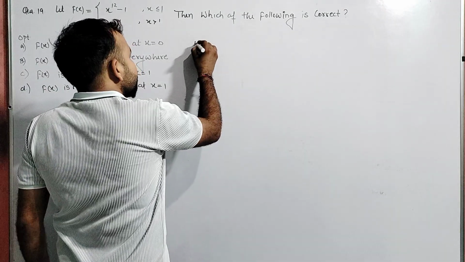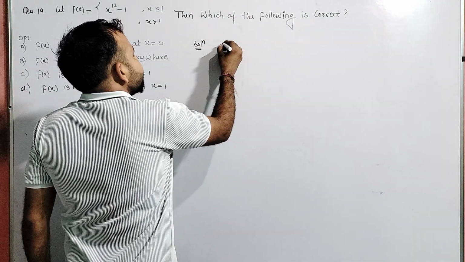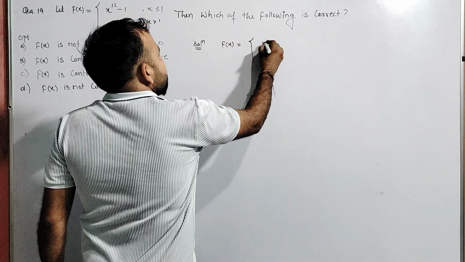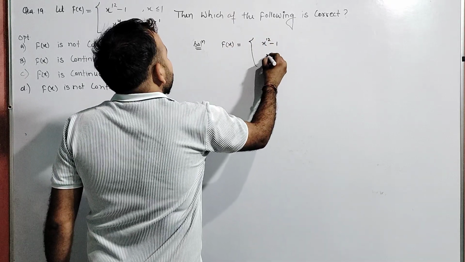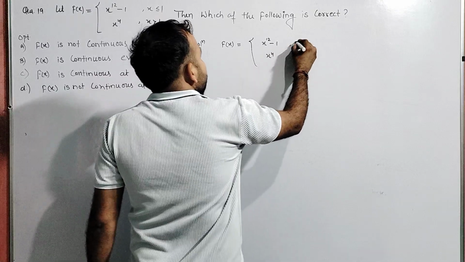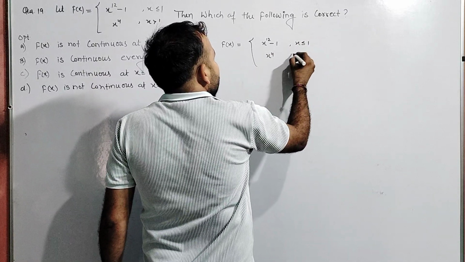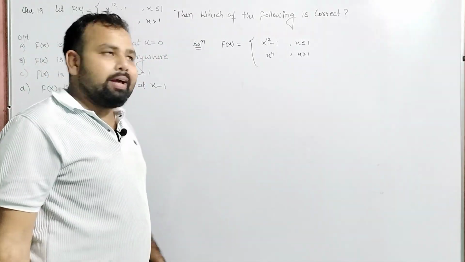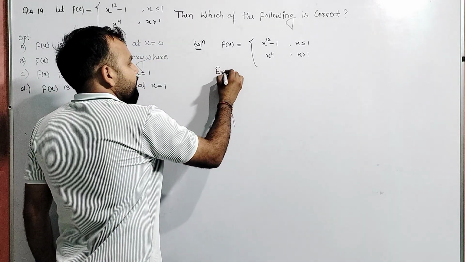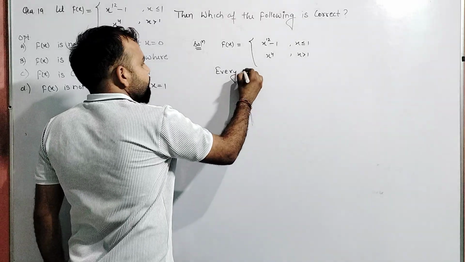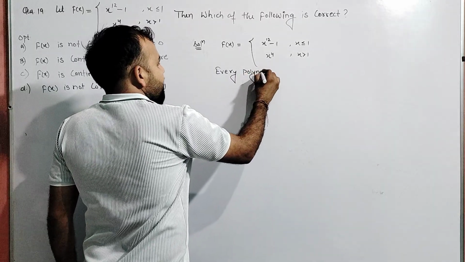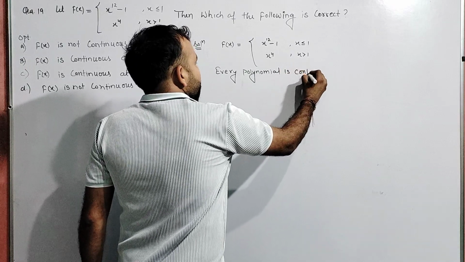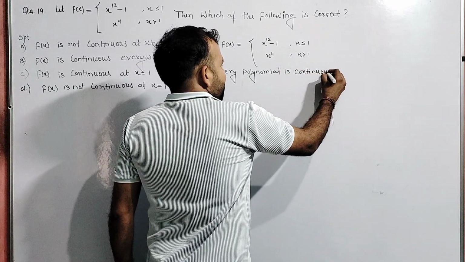So students, solution for this question, we know very well that our function fx is distributed in two polynomials. First polynomial when x is less than or equal to 1, second polynomial when x is greater than 1. And we know very well that every polynomial is continuous everywhere.